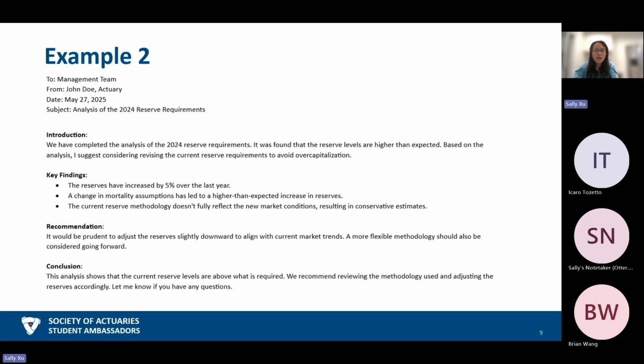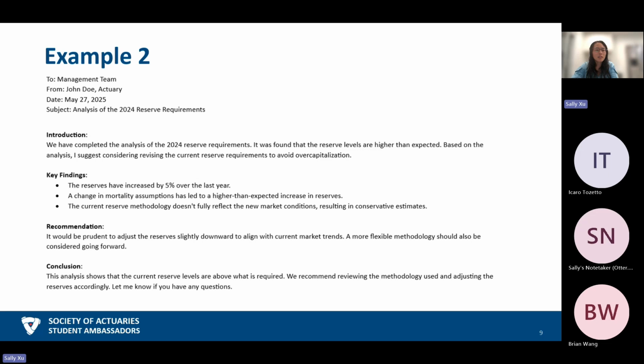But what could be better is that you also list the recommendations here, and you would outline next steps as well. So it doesn't really give you any additional information. So it doesn't really wrap up this memo well, if you will.